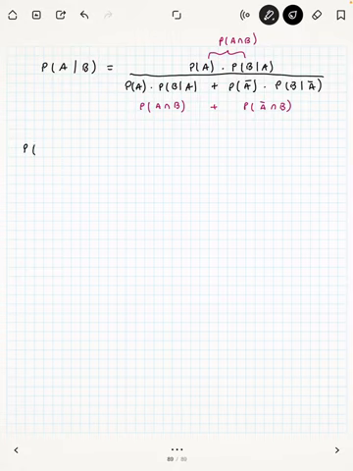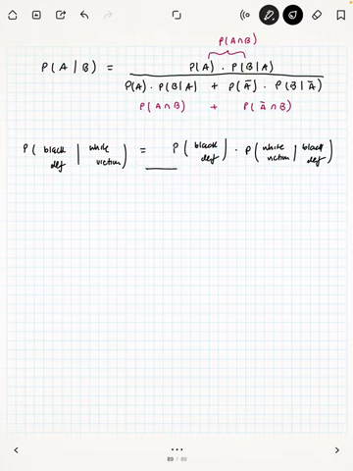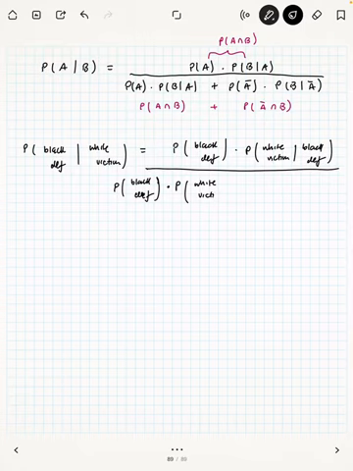Probability of a black defendant given white victim is equal to the probability of a black defendant times the probability of white victim given black defendant, all over that same expression, plus the probability of, in this case, what's changing now is we're swapping out A for A bar.